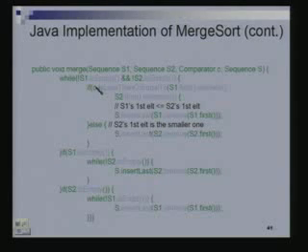When one of them becomes empty, then depending upon which one it is, if S1 is empty, you have to just copy S2 to S. So you will once again keep removing one element at a time from S2 and inserting it at the end of S. If S2 is empty, then S1 is left with some elements, and you will keep removing one element at a time from S1 and inserting it into S. Very simple.